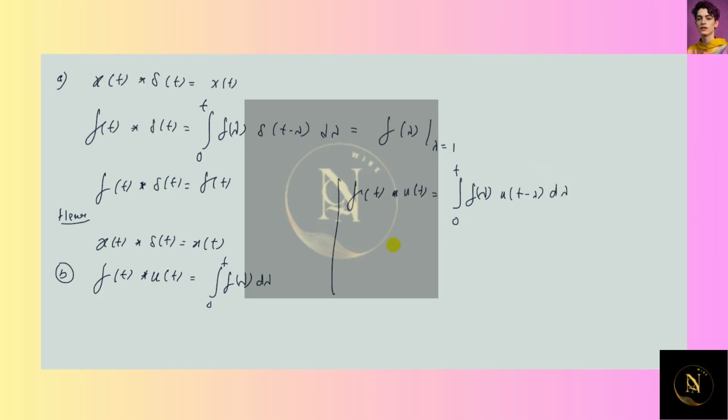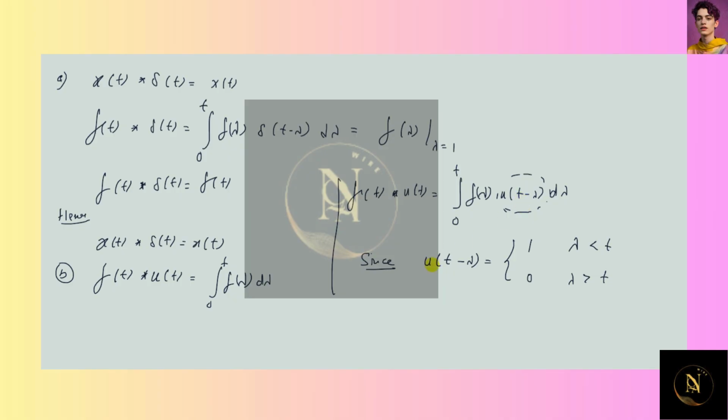Now we know that u(t minus lambda) is equal to 1 when lambda is less than t, and equal to 0 when lambda is greater than t. So if lambda is greater than t, this term would be equal to 0, and if it is less than t, this would be replaced with 1.